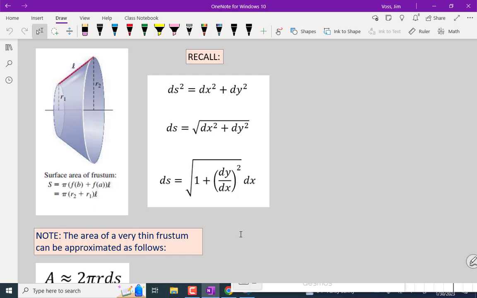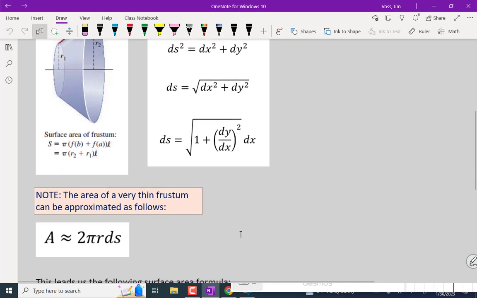And so when we go with the Riemann sum, our area is going to be approximated by this. This is the approximation for the area of one of those thin little cross-sections. It's really a slice because it has thickness, but calling it a slice doesn't feel right. So a very thin frustum, that's going to be the area.